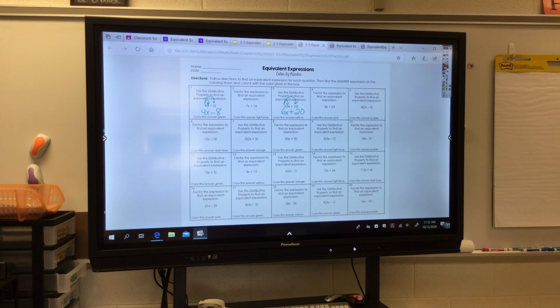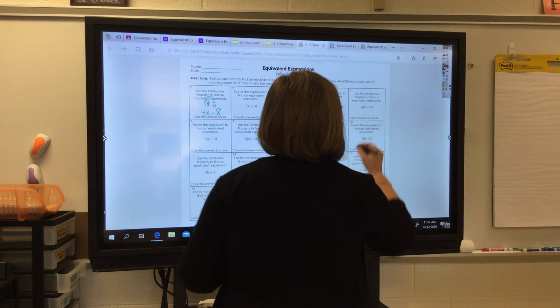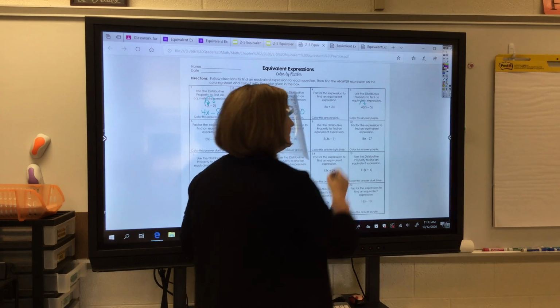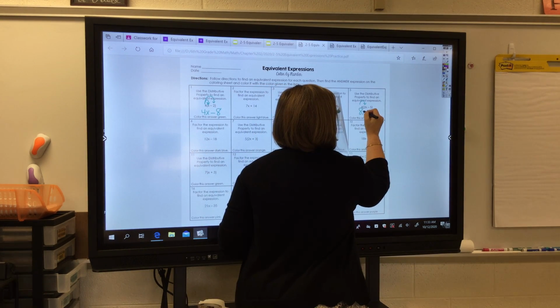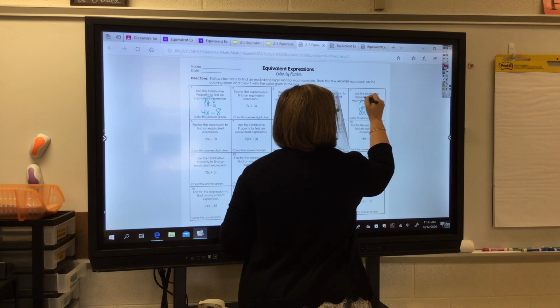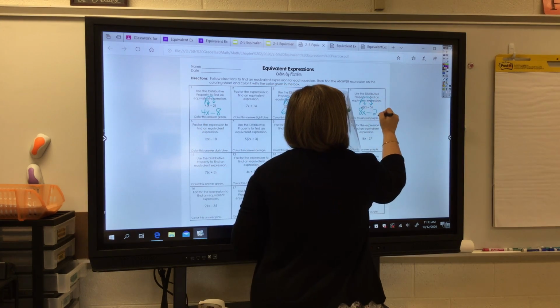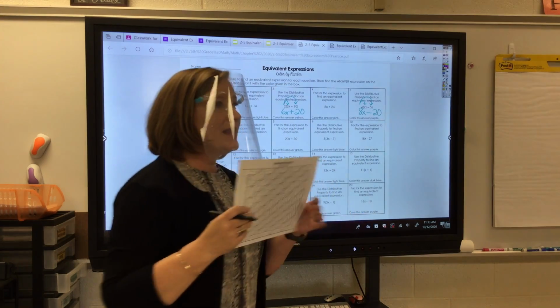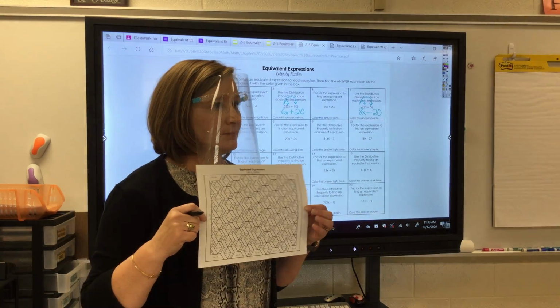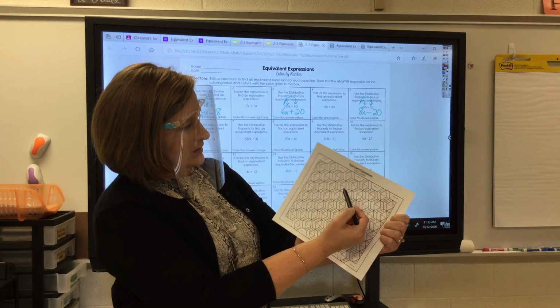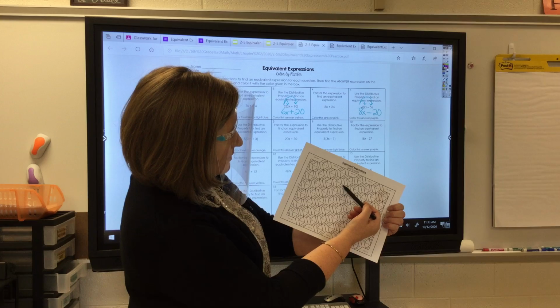What's 4 times 2x? What's 4 times 2? 8. And I need to keep my x. Bring down my minus sign. What's 4 times 5? 20. Is that an answer choice back here? Yes. Let's see. Right here, see it right there. 8x minus 20.